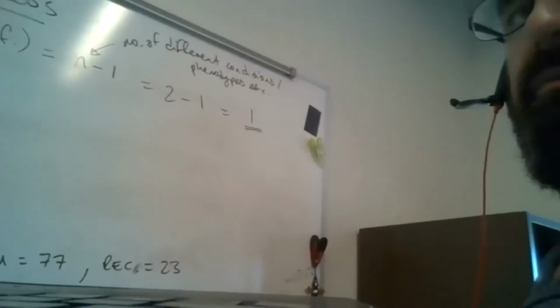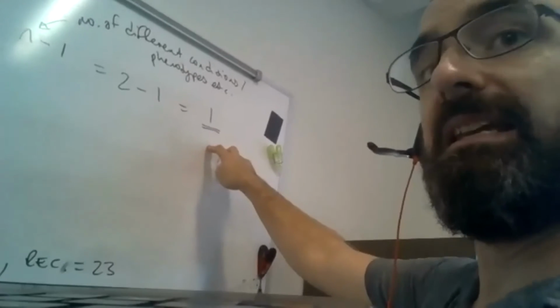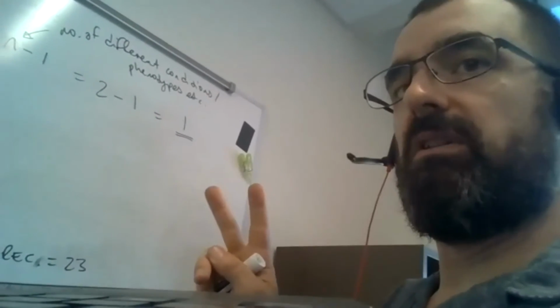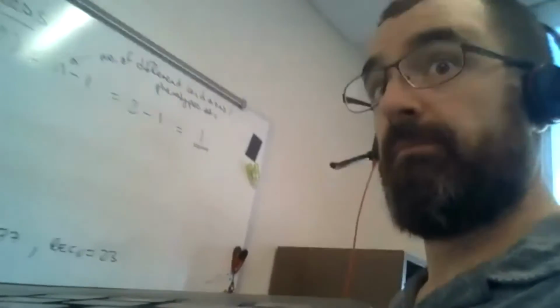Right? So this is the second value that we need. We need 2 values, chi-squared value and the degrees of freedom. With those 2 values, we can calculate the significance of that difference.